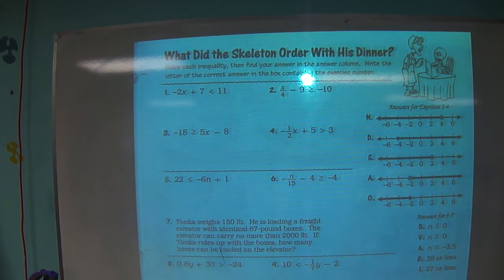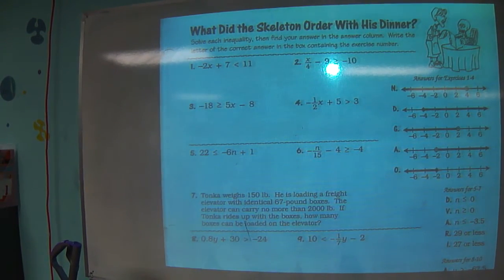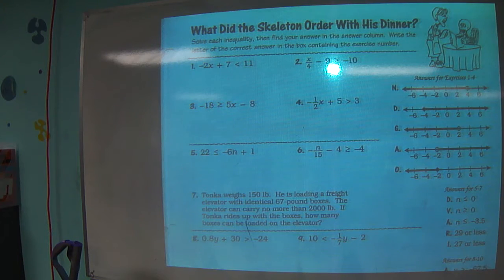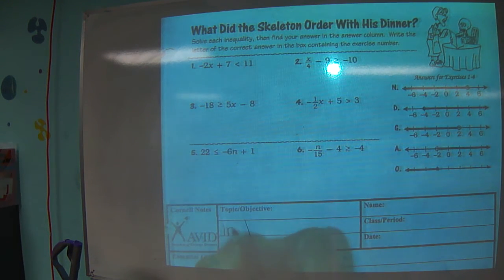Obviously, inequalities. So let's talk about one like, probably number 6 looks probably pretty scary. So again, our topic is inequalities.